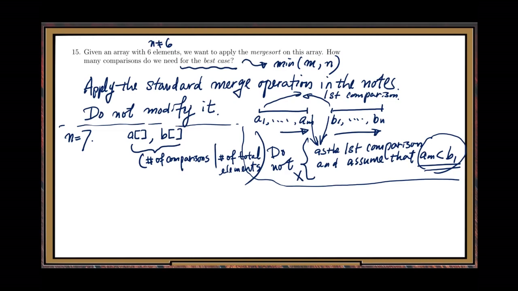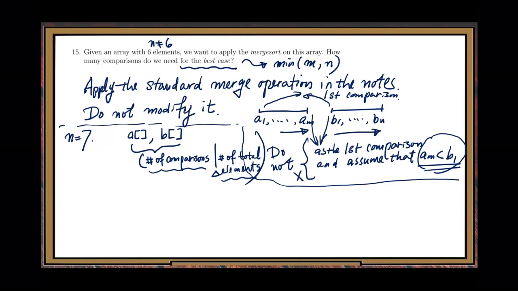This vertical bar has a special meaning. The first number means the number of comparisons we need to merge these two arrays. The second one is the total number of elements after the merge. That information will be used in the next round. When we do the merge, we do it round by round: the first round, second round, third round, and so on.